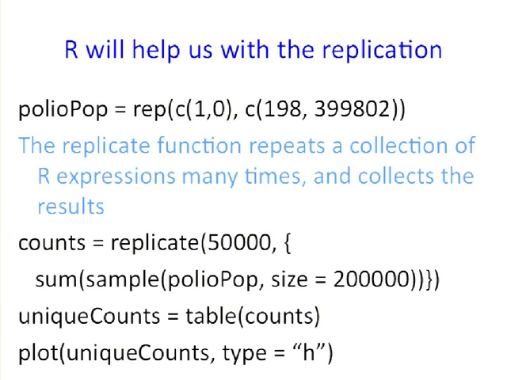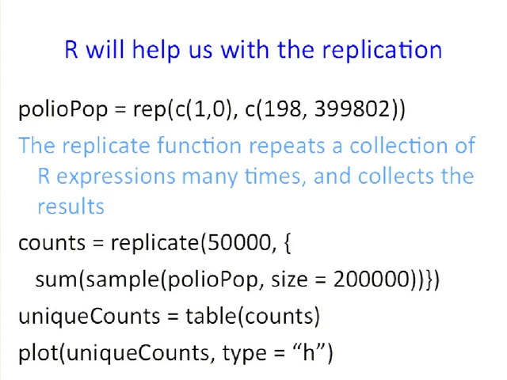So I pretended that I ran this split into the treatment group and the control group 50,000 times. And so how many of those times did I get 56 or fewer kids in the treatment group? There's a wonderful function in R called replicate. It takes a clump of code and repeats it however many times you want. So the first argument of replicate says, do this many times, 50,000 times.